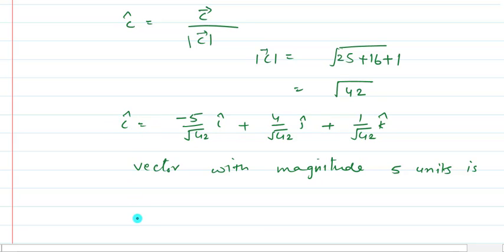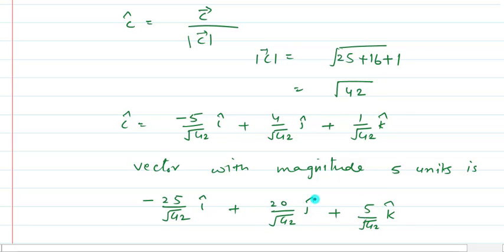So therefore the required vector is minus 25 upon root 42 i cap plus 20 upon root 42 j cap plus 5 upon root 42 k cap. So this is the required vector which is perpendicular to both the vectors A and B with magnitude 5 units.